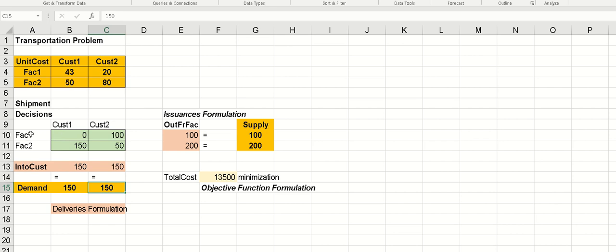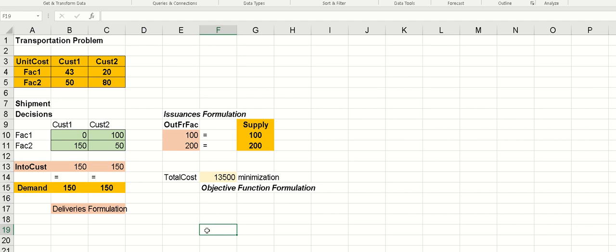From Factory 1, I do not deliver to customer 1, but you deliver 100 to customer 2. From Factory 2, you deliver to customer 1, 150, and to customer 2, 50. So the requirement of customer 2 is satisfied by Factory 1 and Factory 2, and customer 1 is satisfied wholly by Factory 2. So the answer is this.